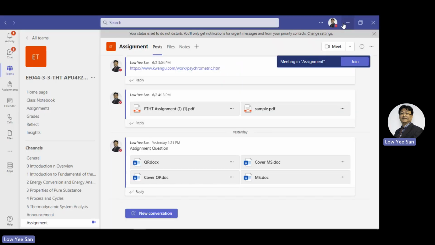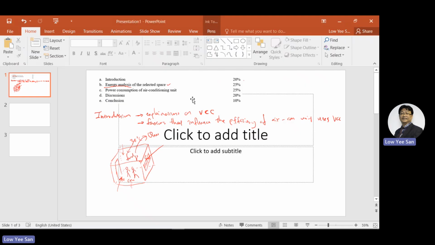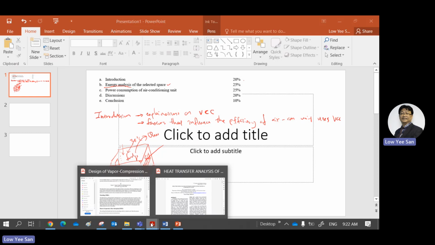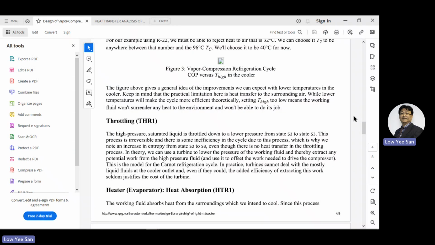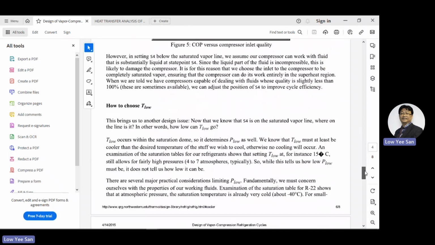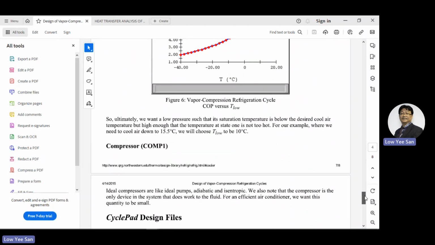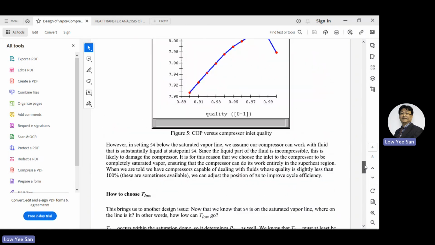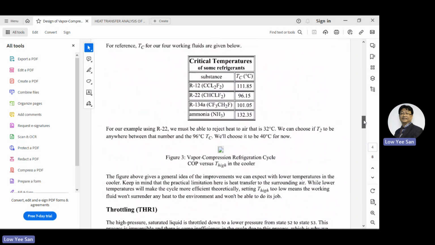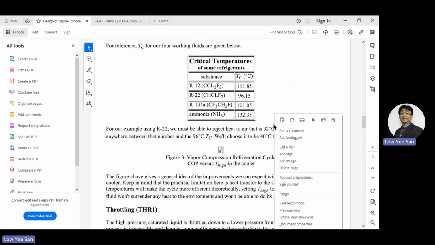Now that's our introduction. To do the power consumption, you need to have a good understanding of VCC. The website that I shared with you also gives you good information on how you should calculate the power consumption based on some assumptions.